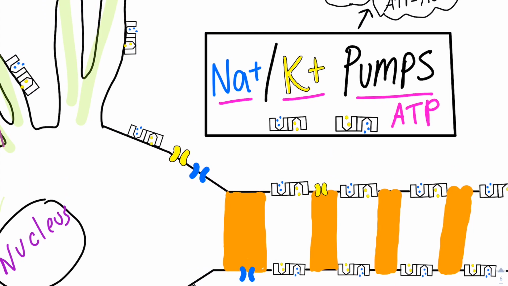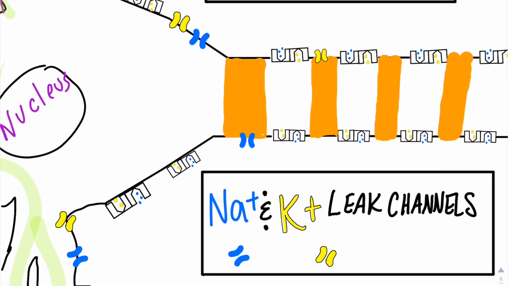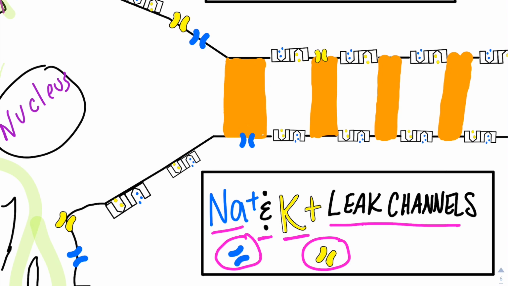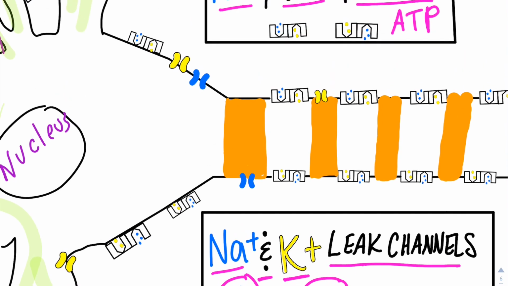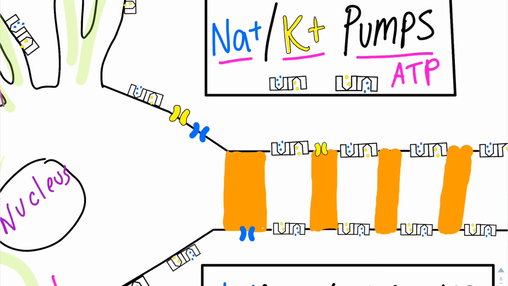Okay, so the reason you need these pumps is because there are sodium and potassium leak channels. So this is an example of the potassium leak channel. This is an example of the sodium leak channel. They're all over the cell, in the dendrites here, and in the body here, and in the axon here.